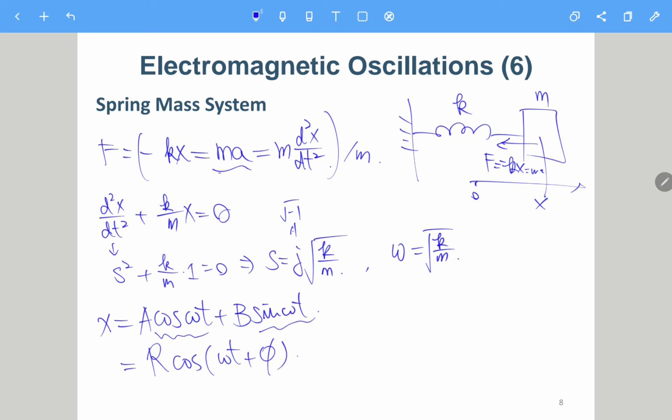Because this is nothing but cosine omega t cosine phi minus sine omega t sine phi. So you divide and multiply by r equals the square root of a squared plus b squared, and then you can make these coefficients sine phi and cosine phi, so that you can make it like this.